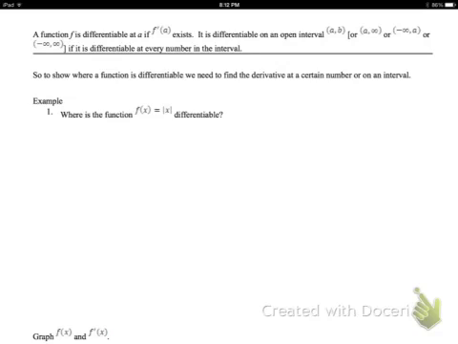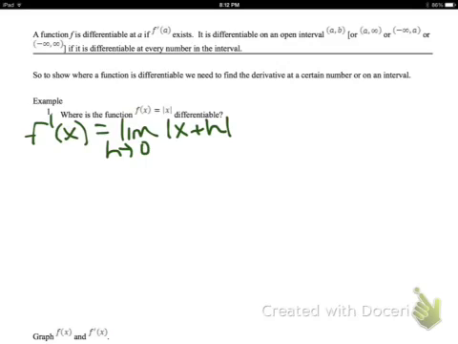So I would have to split this up, okay? I would have to say f prime of x, using my definition, would be the limit as h goes to 0 of f of x plus h minus f of x all over h, okay? So now we'd have to split it up. Where would we split it up?